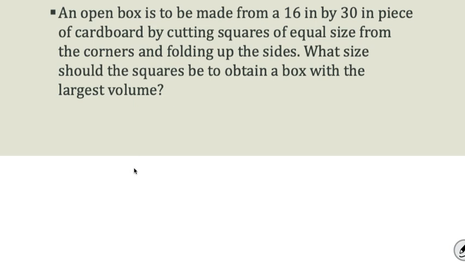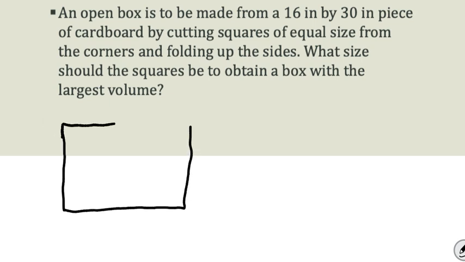Okay, so what are we looking at here? Well, we got a 16 by, I can't draw a straight line here, 16 by 30 piece of cardboard. Okay, and also just to explain a little bit here, this is something that companies do. If a company has to create a box to ship their product in or to sell their product on a shelf, they don't want to just be making their boxes using any amount of cardboard.